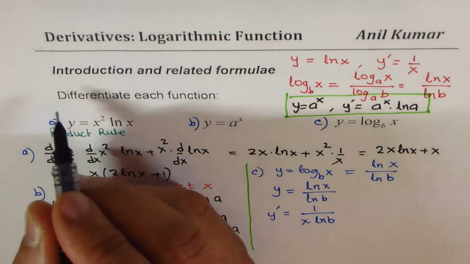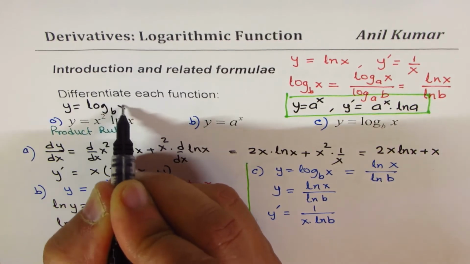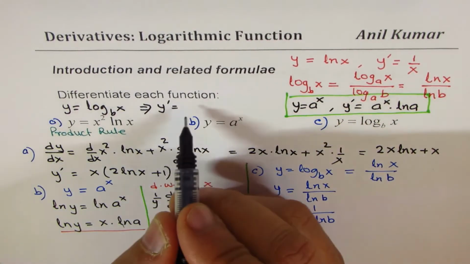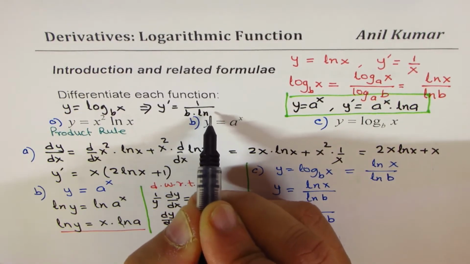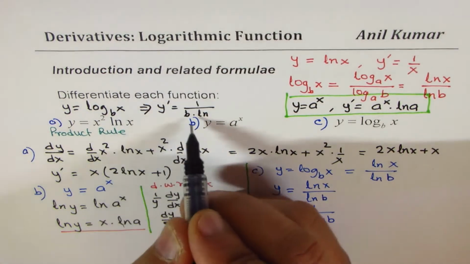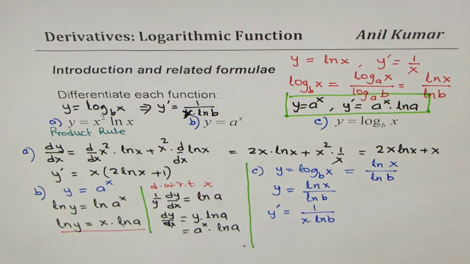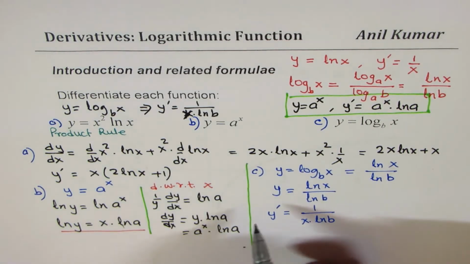So if you get an expression where y equals log to the base b of x, in that case y dash is 1 over x times ln b. Is it okay? So that is your formula, correct? So these are the formulas which we are going to use and solve the rest of the questions.